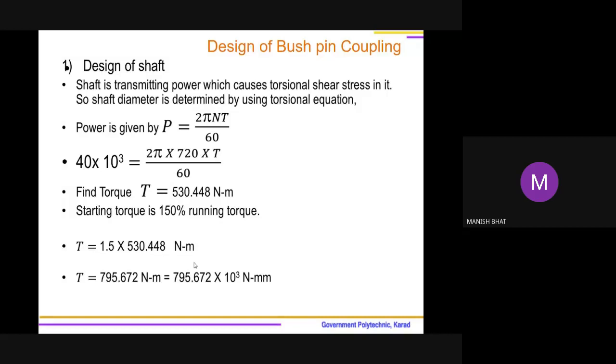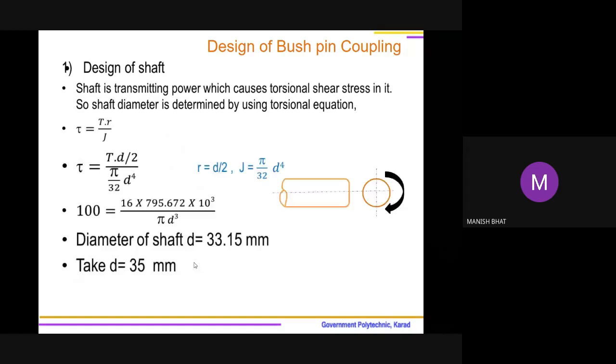Now we will be designing the shaft. We know that the shaft is transmitting power, and as the shaft is transmitting power, we will be designing this particular shaft for torsional shear failure by using the same formula which we have used earlier. Tau is equal to TR divided by J. R is the distance of the maximum stress plane.